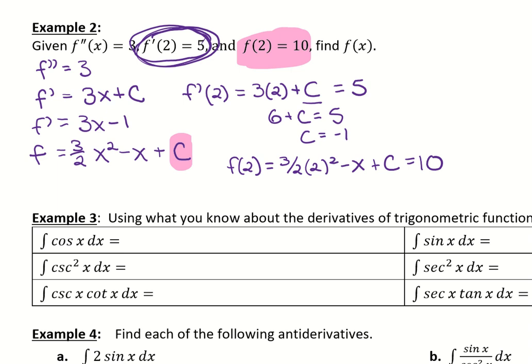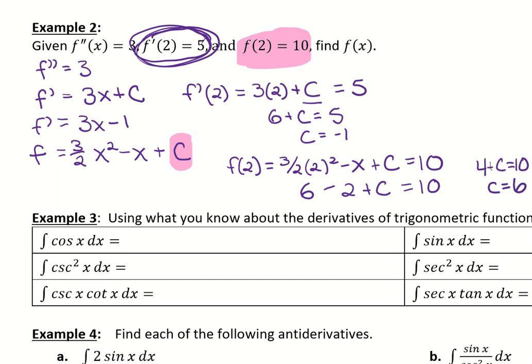So here this is 3/2 times 2 squared, which is 3/2 times 4, and 3/2 of 4 is 6, minus 2 plus c equals 10. That's the same thing as 4 plus c equals 10, so we know that c is 6.